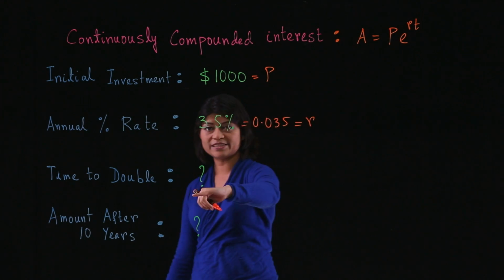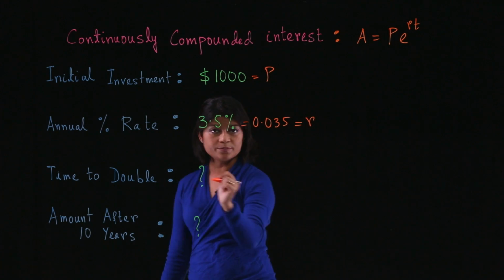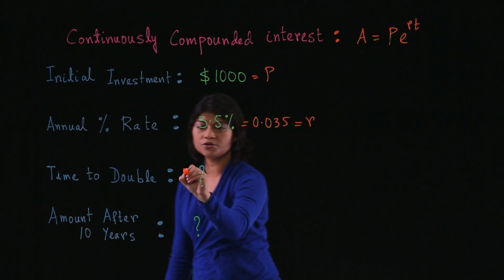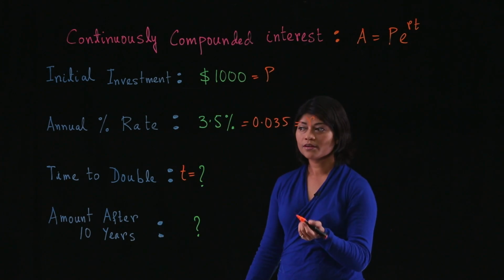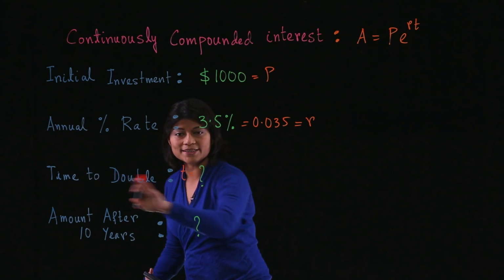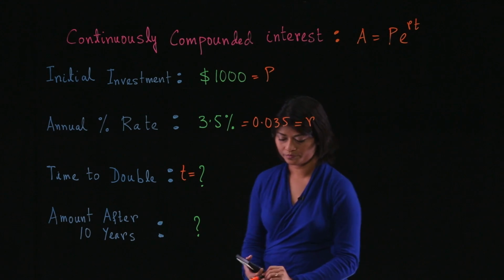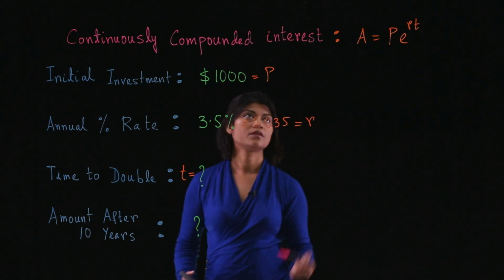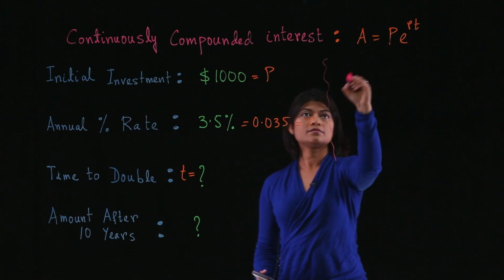So the first missing value that we have to find is the time to double. That means we actually have to find out the time, which is t. Now, what else is given to us? We have to find the time t to double the amount. So what does that mean?